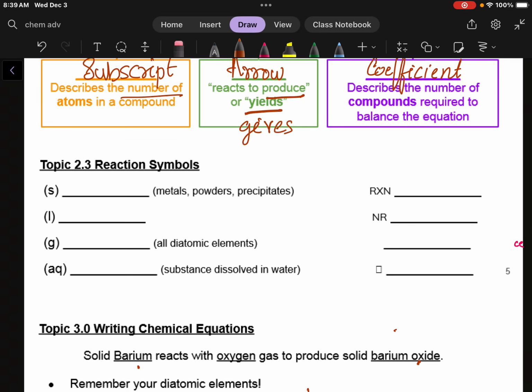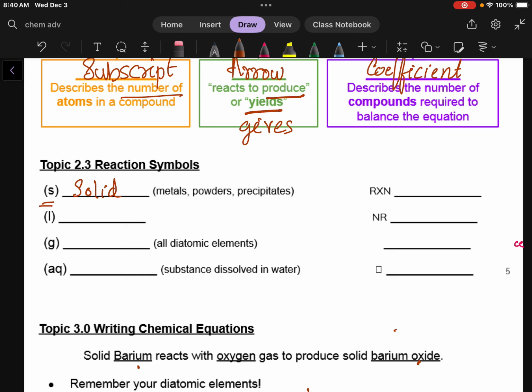Now reaction symbols. So whenever you write the reactants, we will see a lot of symbols. If you are seeing S there, that means it is a solid. Look at the periodic table, everything printed in black and white color, those are solids.